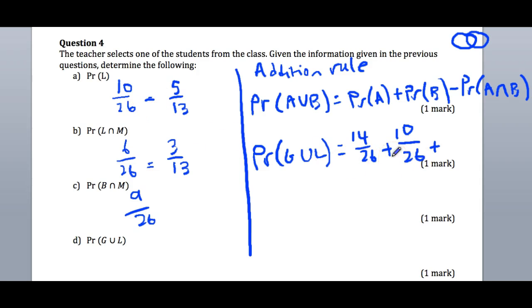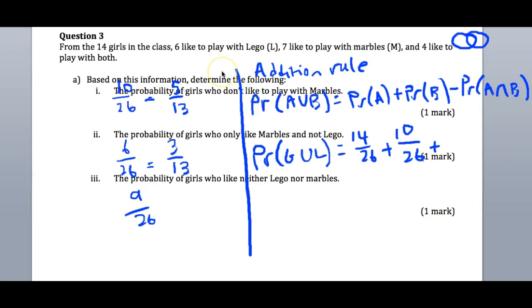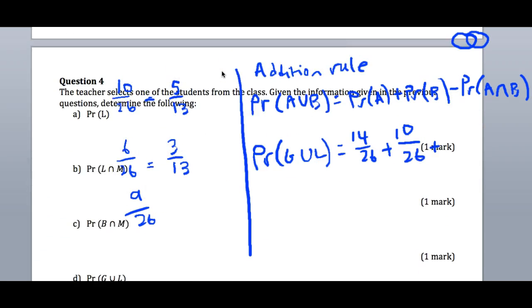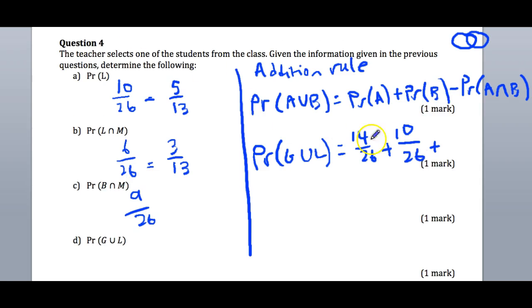And then the probability of a girl and Lego, so I can't remember that off the top of my head, so let's just scroll up. So a girl, 6 like to play with Lego. Here we go. So, oops, I did plus there. Take away 6 over 26. So we have 24 minus 6 is 18 over 26, and that simplifies to 9 over 13.